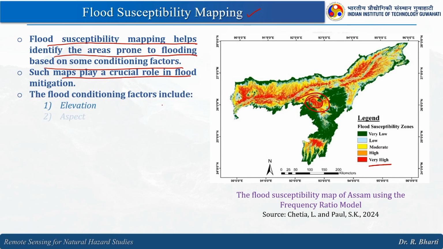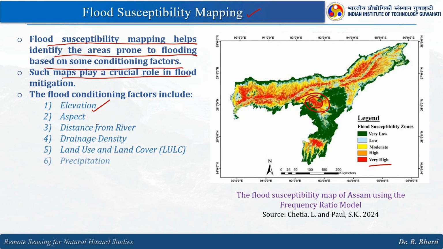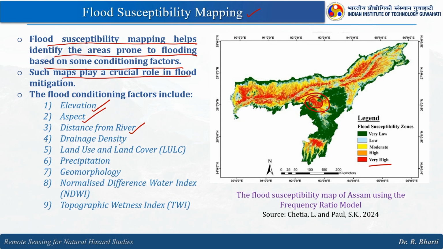The flood conditioning factors used in flood modeling are elevation, aspect, distance from the river, drainage density, land use land cover, precipitation, geomorphology, and then NDWI and topographic wetness index. These are used for flood susceptibility mapping.